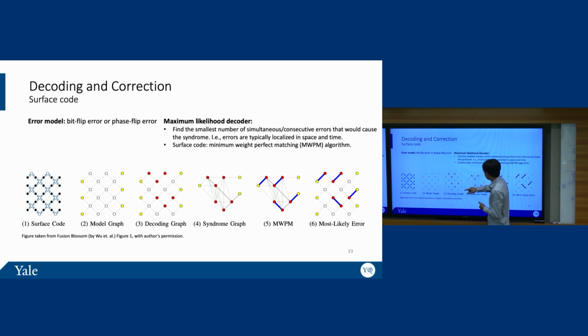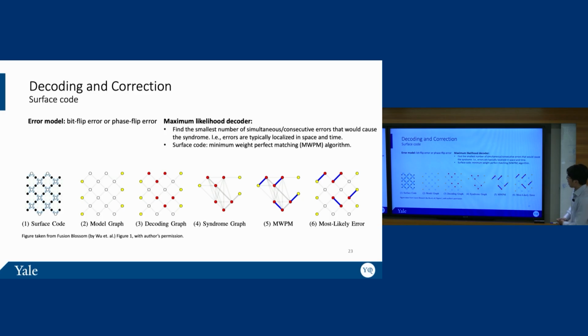Because indeed, I could say that there are far-distance flags that are matched, meaning that I believe consecutive errors occurred to make that happen, and that will occur with less probability. So finding the minimum weight perfect matching on this decoder graph solves the maximum likelihood decoding problem.